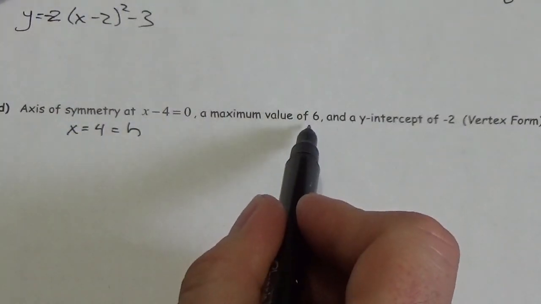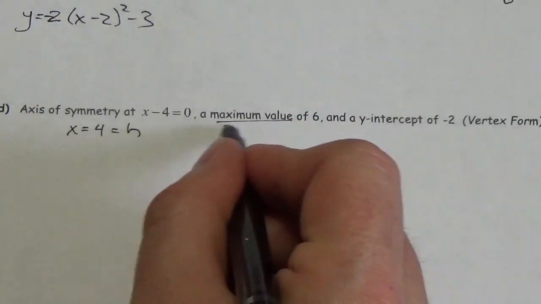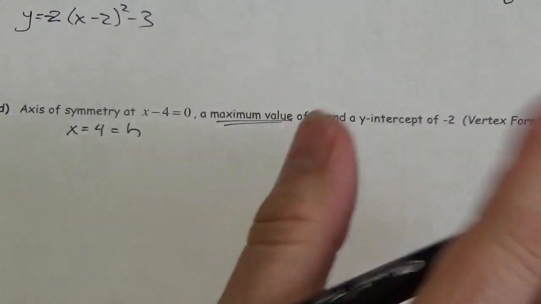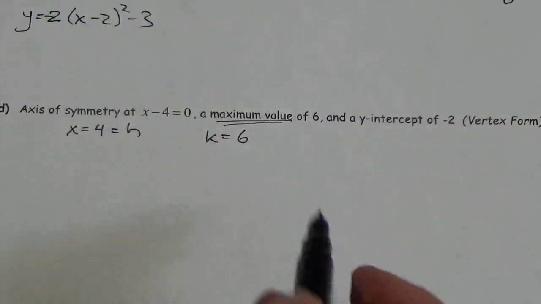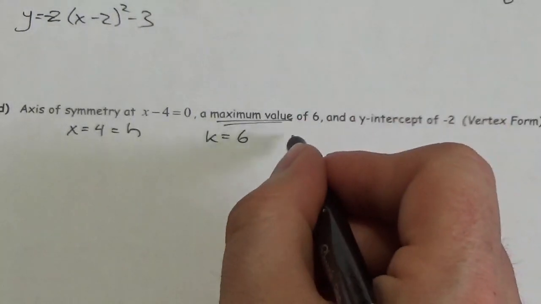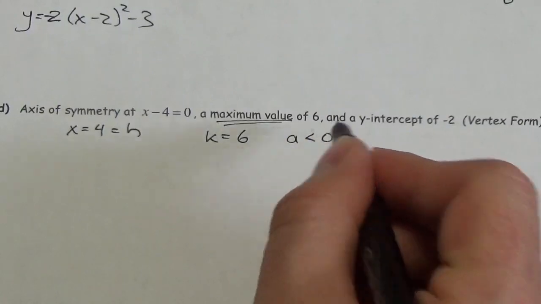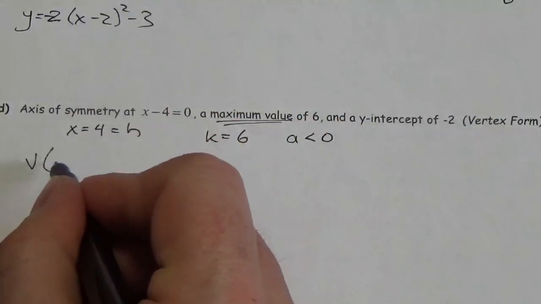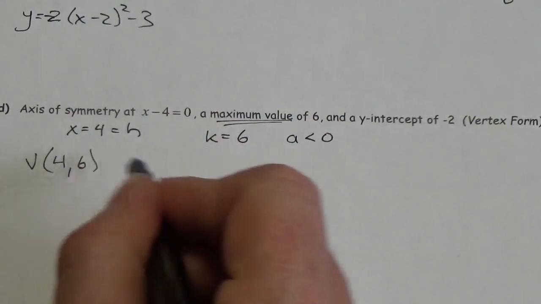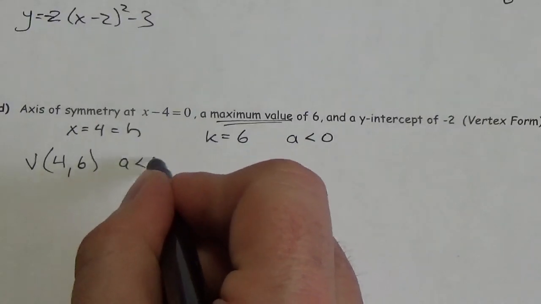It's got a maximum value of 6. Now, when I say maximum value, what am I saying? Well, I'm telling you that the k value is 6. And by the way, when I say that it's a maximum, I'm also telling you that the a value is negative. The parabola's got to open down. So right away there, I know a bunch about this. I know that my vertex is the point 4, 6, and I know that my a value is negative.